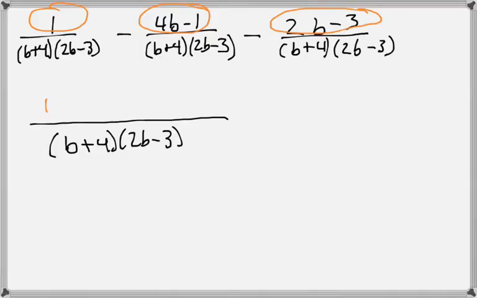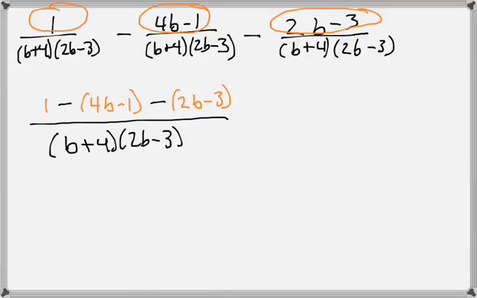So we have 1 minus all of the middle one, 4b minus 1, minus all of that last one, 2b minus 3.